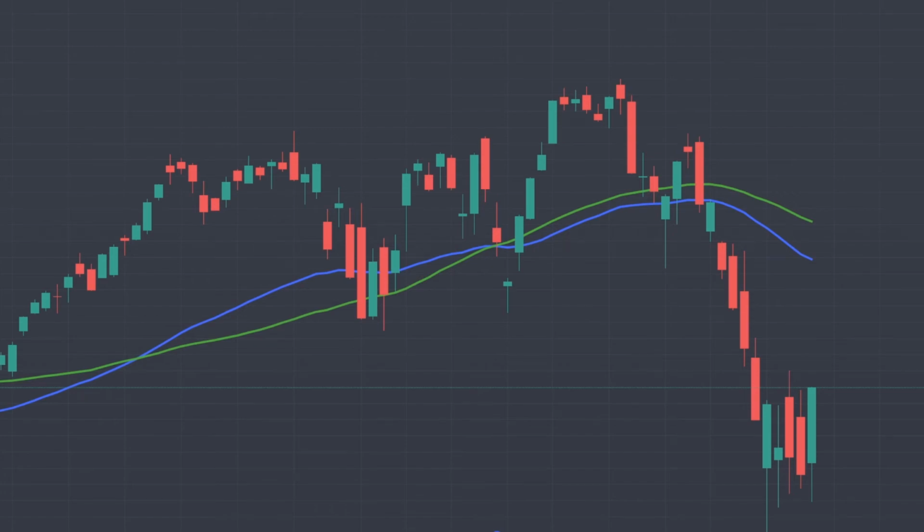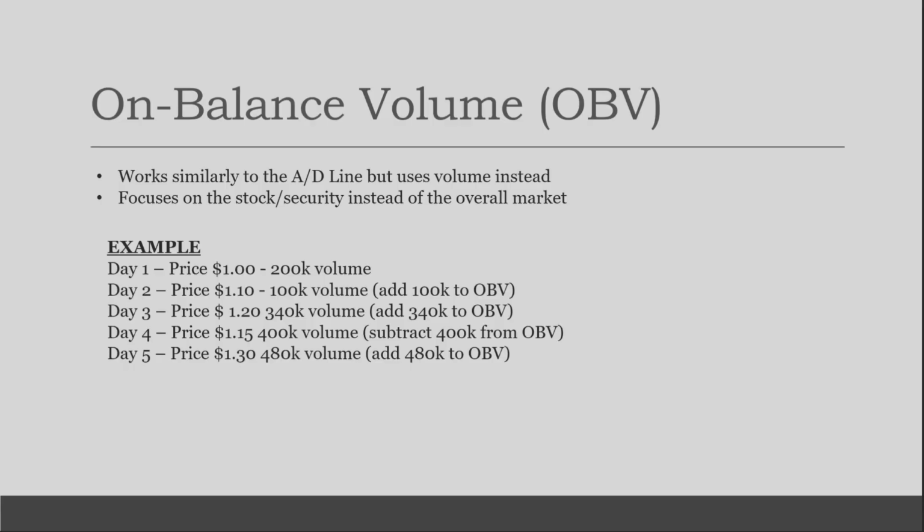The final type of market indicator is known as on-balance volume, better known as OBV. OBV works similarly to the AD line, as it is also a cumulative indicator. However, the OBV uses volume instead of looking at advancing stocks and declining stocks.